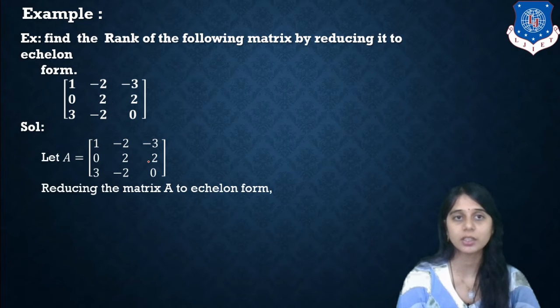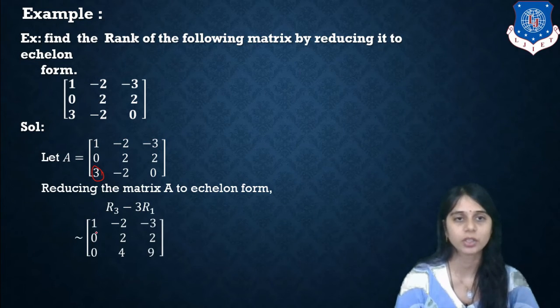Reducing matrix A to echelon form. What is the echelon form? Echelon form means in the rows we have to convert these entries to 0. So R3 minus 3R1.